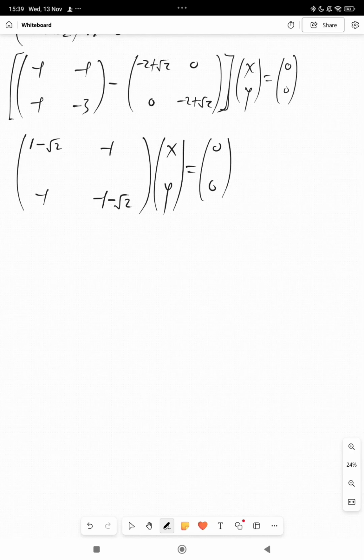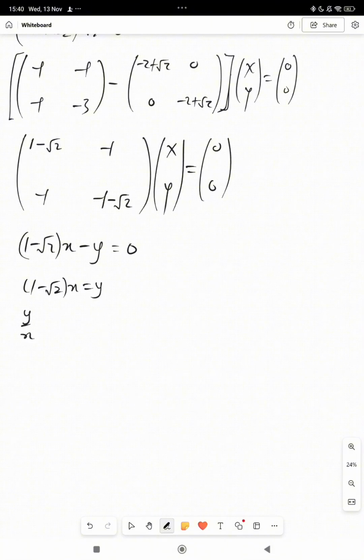So we have again, take the first line, 1 minus square root of 2, multiplying x minus y is equal to 0. So 1 minus square root of 2 multiplying x is equal to y.